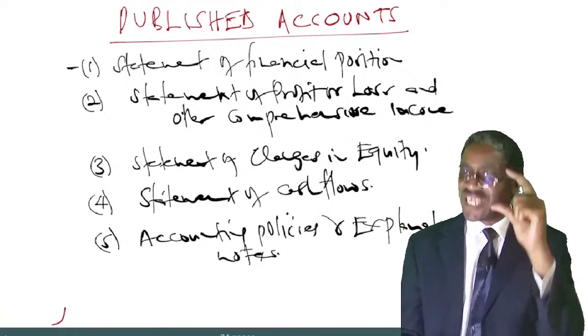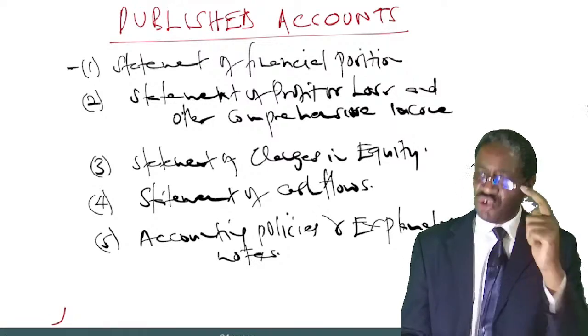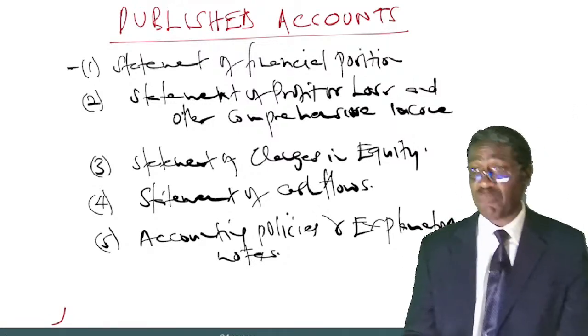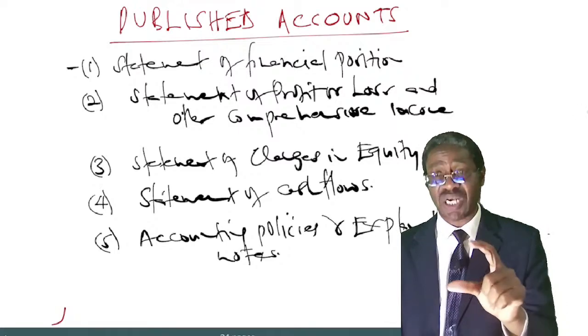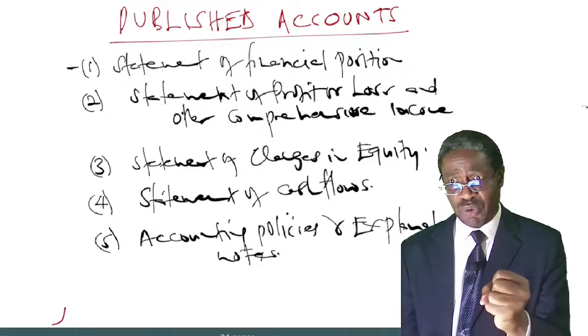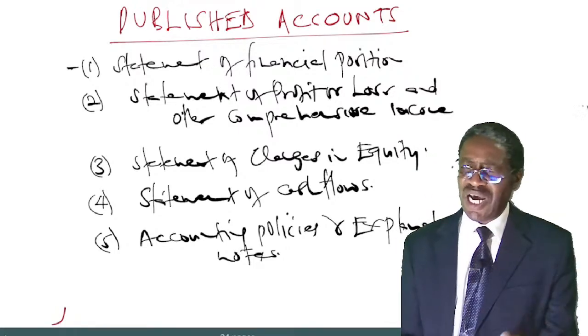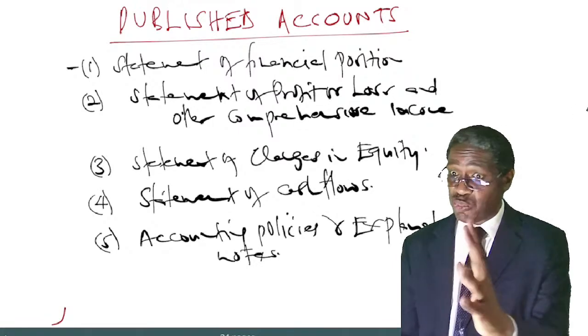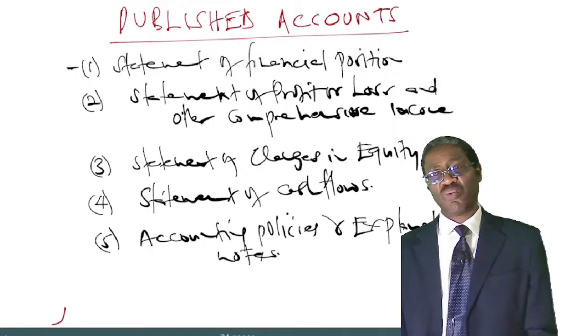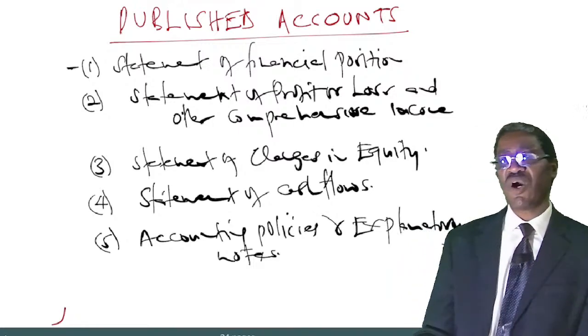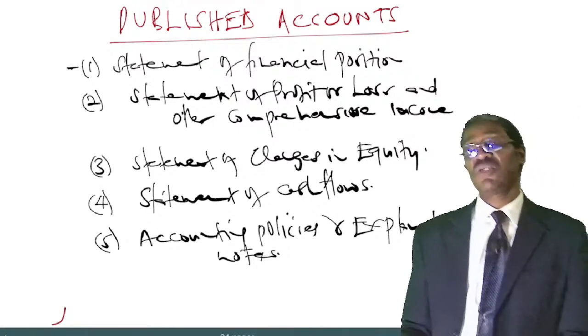Listen, for publication purposes. When you as a company, you are a public company and you're required to prepare published accounts, these are the 5 components. Of course, you have been asked in the past papers to state what are some of the components of a complete set of financial statements.